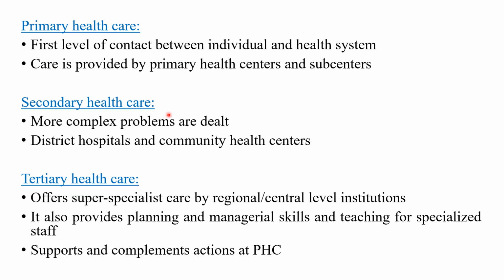Coming to secondary healthcare, more complex problems are dealt with. For example, here only class 1 or 2 cavities will be treated, but here we have to treat even class 3, access opening, everything, root canal treatment. To provide secondary healthcare, most countries have district hospitals and community health centers.